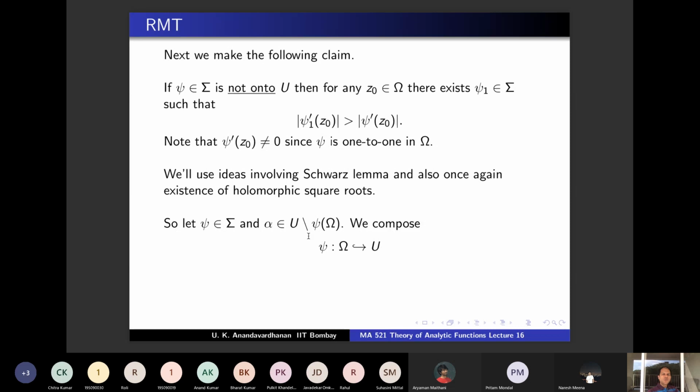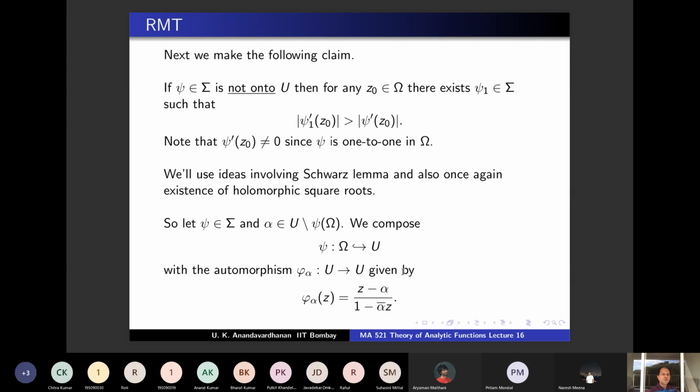Now what you're going to do is compose this psi. So psi is a function which is 1 to 1, into u, not onto. It is given to be not onto. And you are going to compose this with a map from u to u. You know the automorphisms of u: they are the phi alphas. So you're going to compose with such an automorphism, phi alpha from u to u, given by, this was the definition of phi alpha, right? Phi alpha of z is (z minus alpha) by (1 minus alpha bar z).